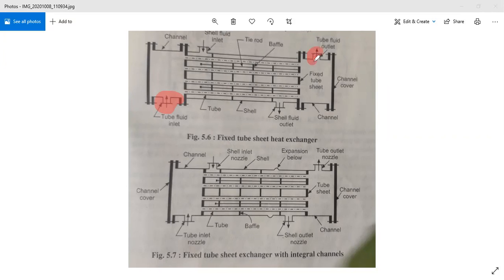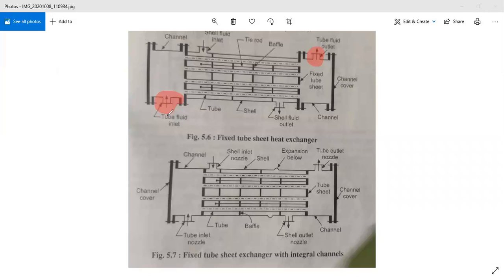And this is the nozzle arrangement for tube fluid outlet. So this liquid or gas can pass from these nozzles, and after exchanging the heat, this tube side fluid is going to pass outside this shell and tube heat exchanger, right?